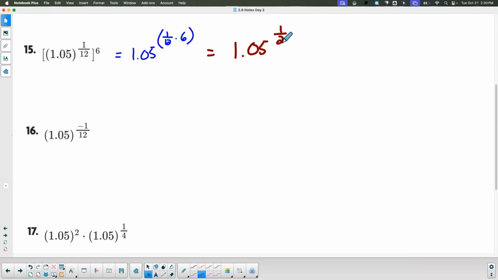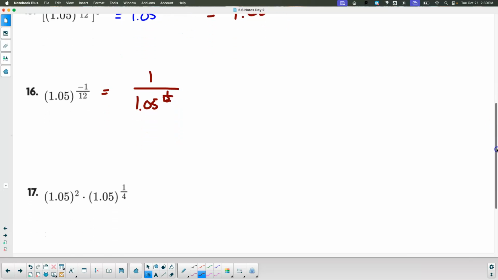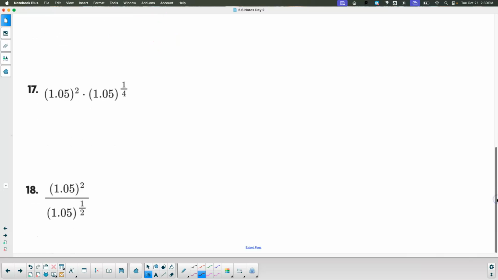Do I like negative exponents? Same base, both with powers. What do I do with those? I add them.